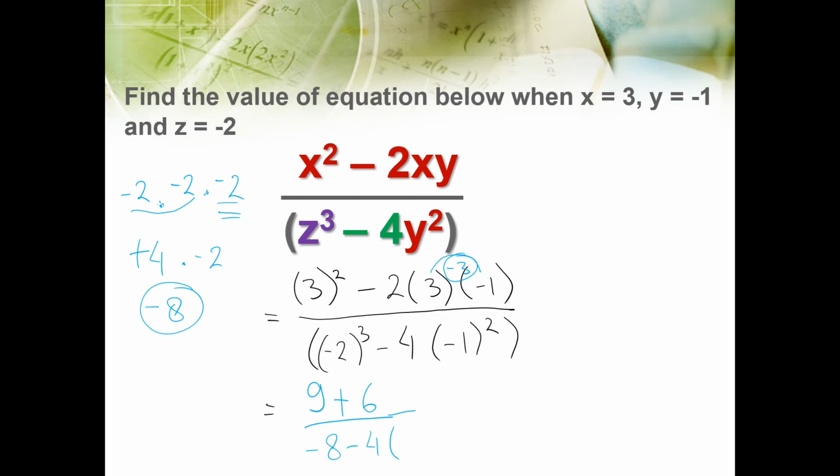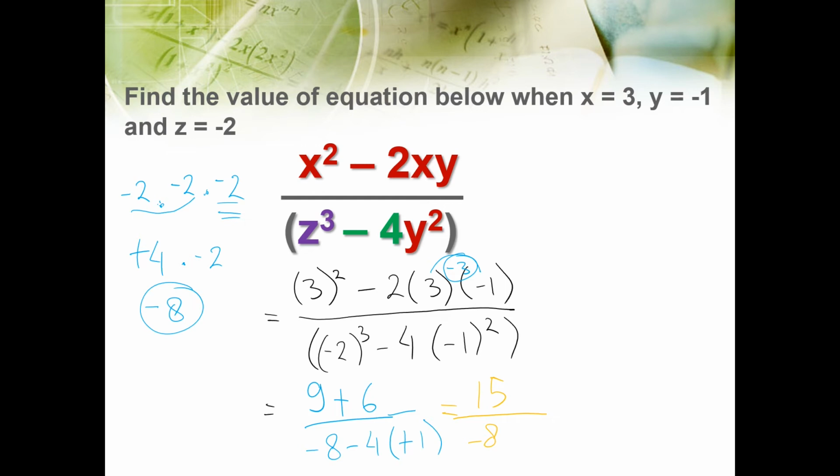Yeah. Okay, so minus 1 to the power of 2 equals minus 1 times minus 1. Minus multiplied by minus equals positive or plus. 1 times 1 equals 1. Okay, continue with 9 plus 6 equals 15, and minus 8, minus 4 multiplied by plus 1.